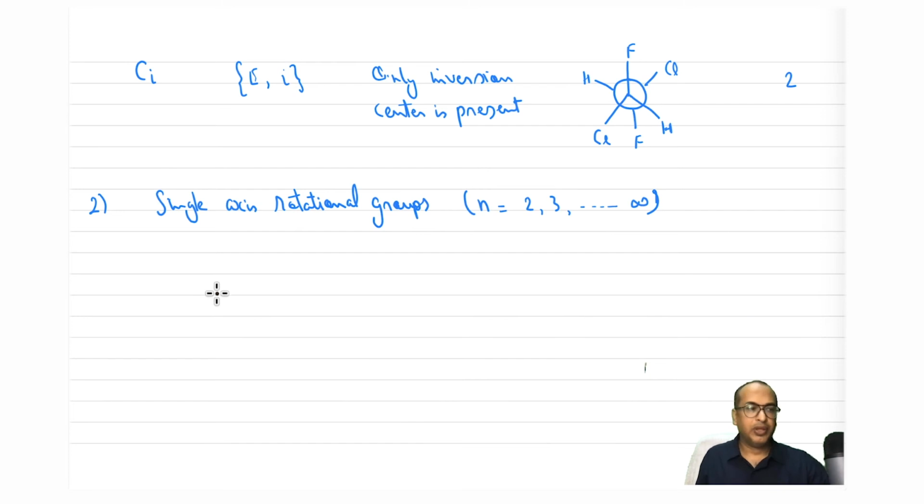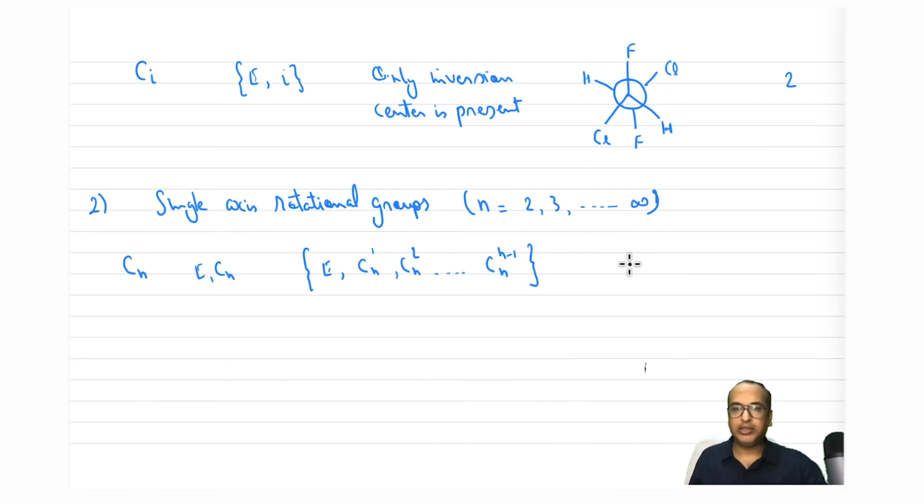We can say the point group is the Cn point group. The elements are Cn and E, whereas the operations will be n operations: Cn1, Cn2, up to Cn n minus 1, because Cn n will again be E.